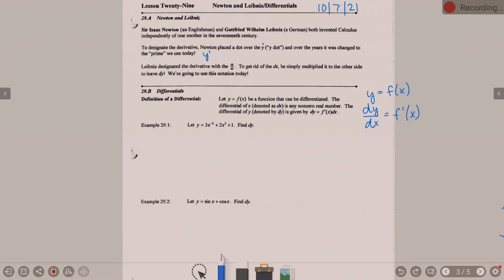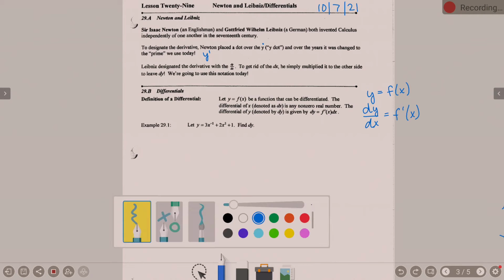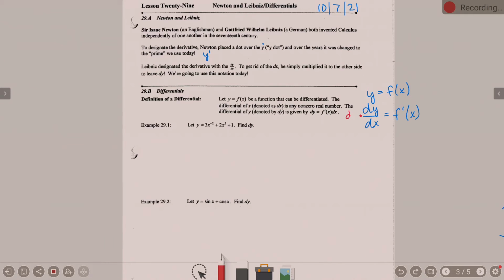So now the idea is that dy dx is a fraction that can be separated. If it's dy divided by dx, we can multiply by dx. If you multiply the left, you're multiplying the right by dx.